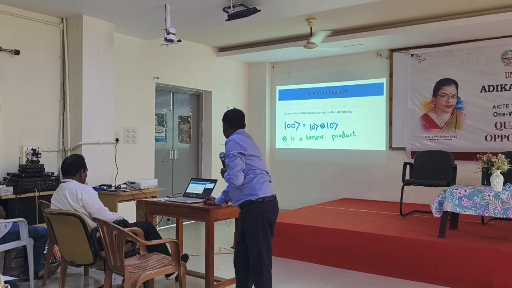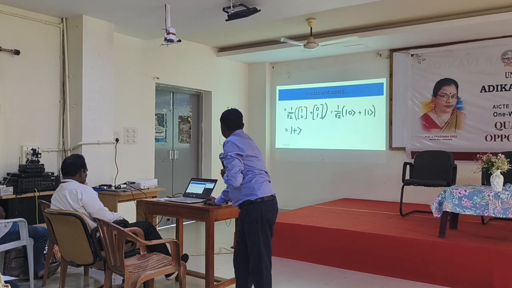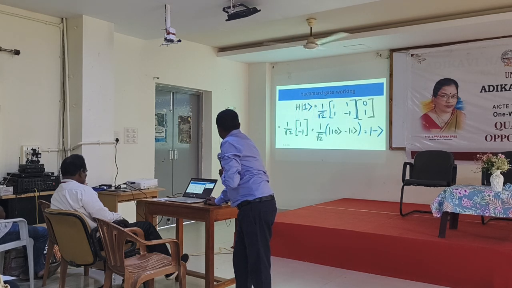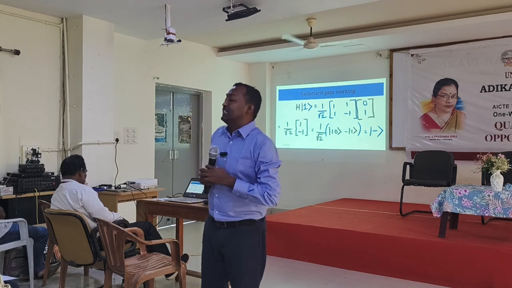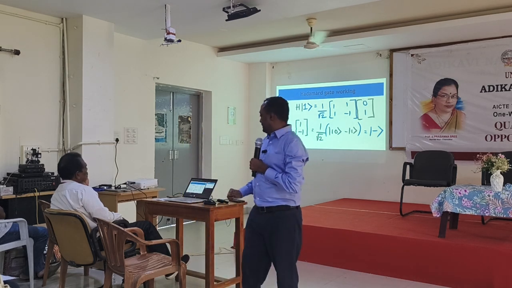One example for tensor product: the Hadamard gate working. This is a workout for how we get plus and how we get minus.